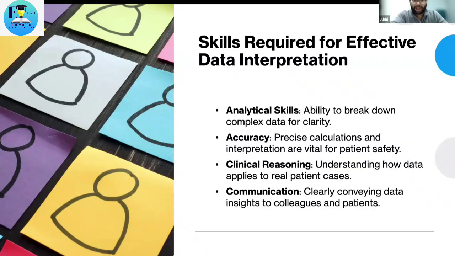And most importantly, communicating that data to individuals who may not be familiar with that data type, such as the rest of the healthcare team and, of course, the patients. Next slide, please.